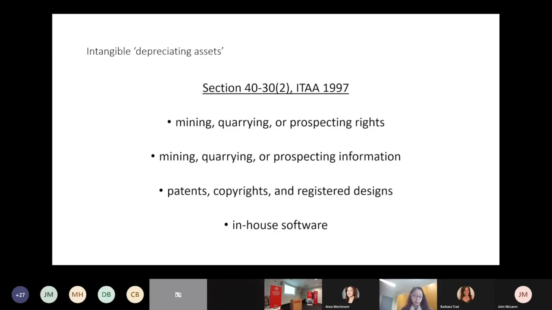Patents, copyright and registered design became depreciable when the government noticed that businesses were paying excessive license fees rather than acquiring intellectual property. The cost of acquiring IP were not deductible at that time.